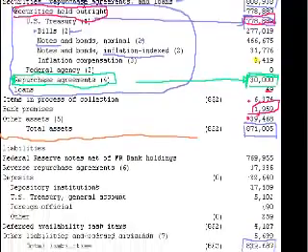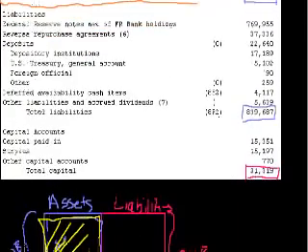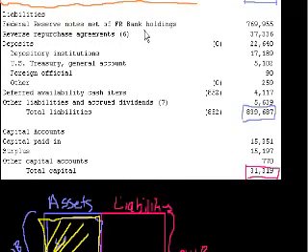Now let's look at the liabilities, and to some degree, this is much more interesting. So, Federal Reserve notes net of Federal Reserve bank holdings. Federal Reserve notes, $769 billion. So when I talked about notes outstanding, that's what this is. These are Federal Reserve notes that have been printed, and they're liabilities, right?